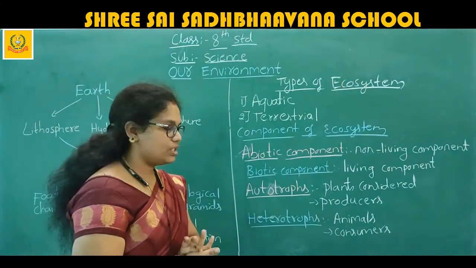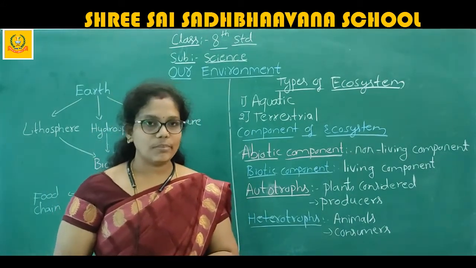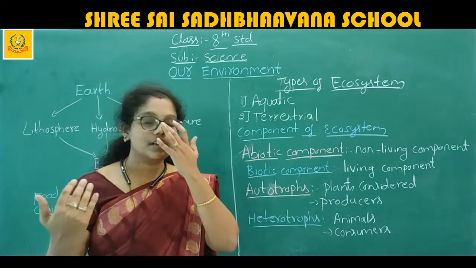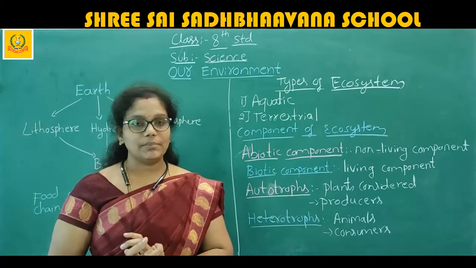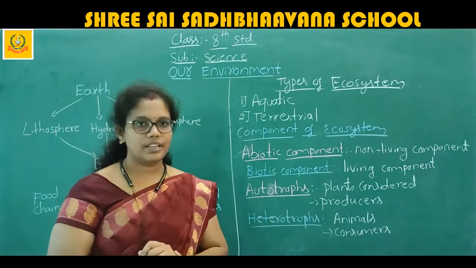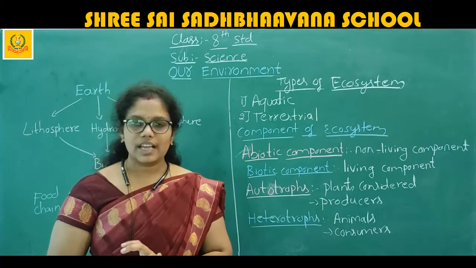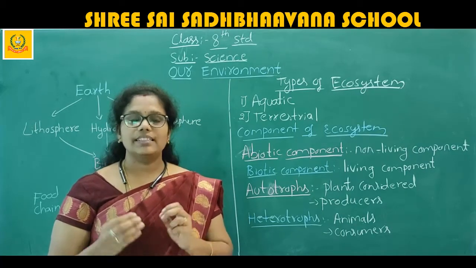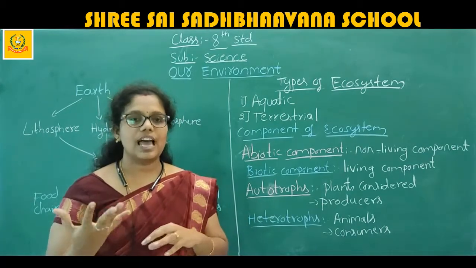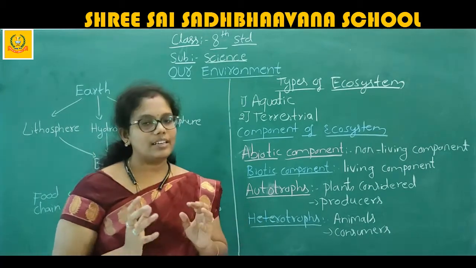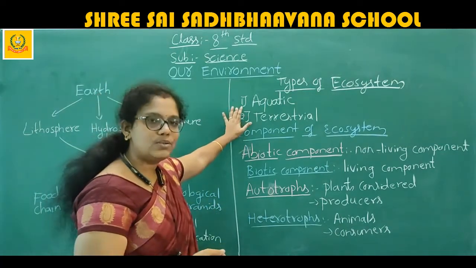What does aquatic ecosystem mean? The ecosystem in which the aquatic animals are present. Aqua means water, so it is the ecosystem surrounded by water. All the aquatic animals, aquatic plants, and everything present in the water, we consider that the aquatic ecosystem.